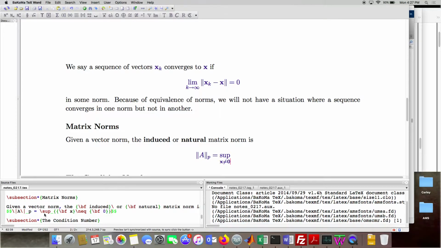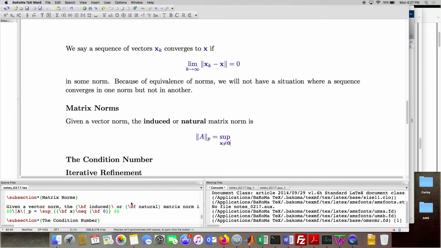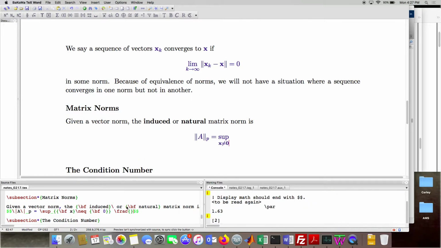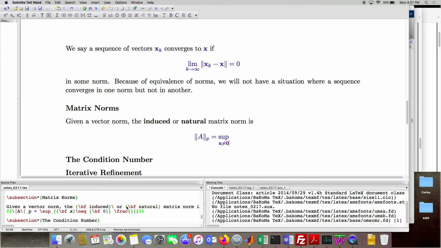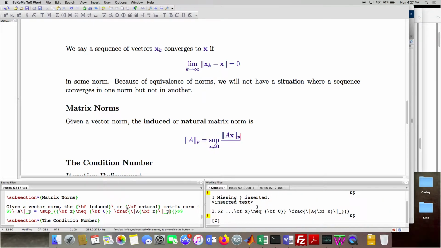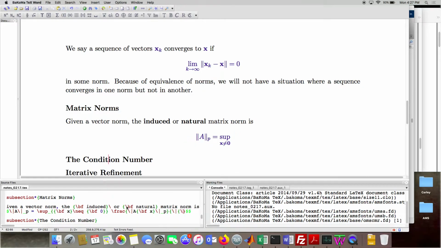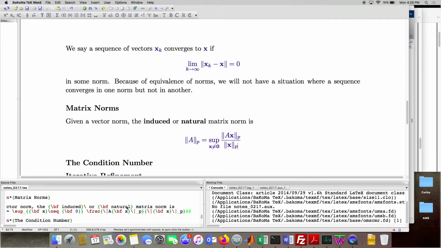So we're taking the supremum over all non-zero vectors x of the ratio of vector norms, ||Ax||_p over ||x||_p. In other words, the supremum, you may recall from another class, is the least upper bound.